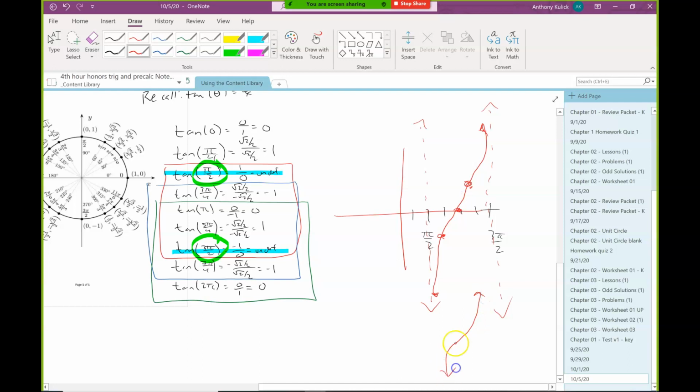So it looks like that is what I'm trying to draw. Yes, Elizabeth. Of course. Is everybody okay with that?